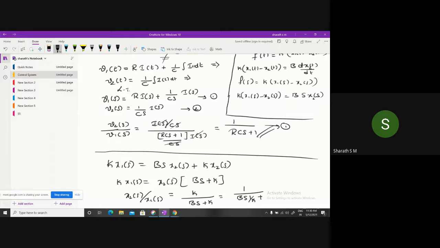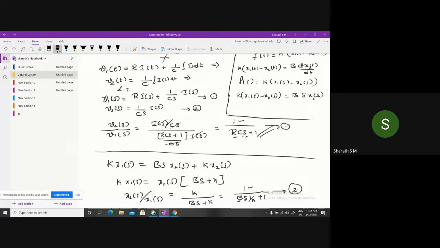Now compare equations 1 and 2. In the numerator we have a 1, here also in the numerator we have 1. In the denominator we have an R, so R can be replaced by the friction element b. Here we have an s, and here also an s. The capacitor can be replaced by the spring element as 1 over K. And plus 1, here also we have plus 1. Once we compare, these two are analogous to each other because both equations are the same with their respective elements.